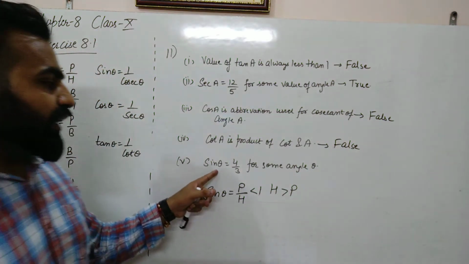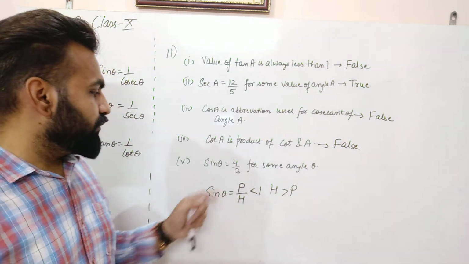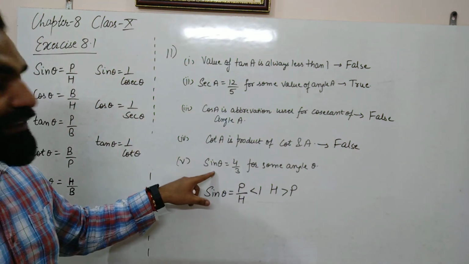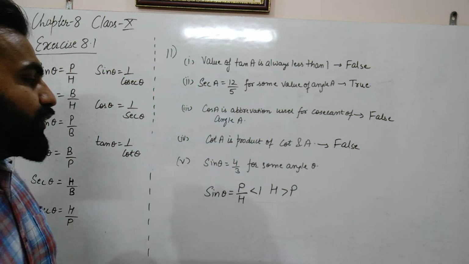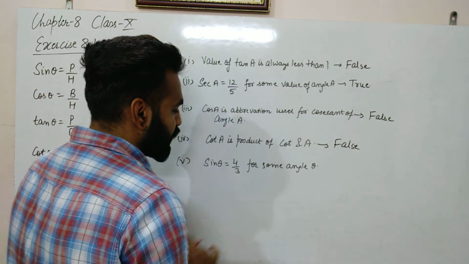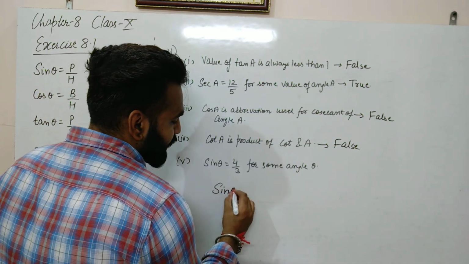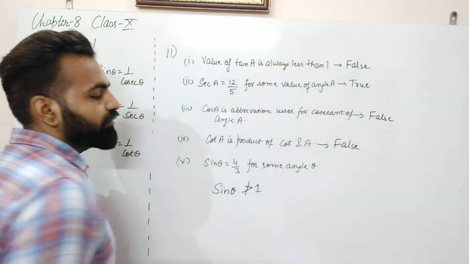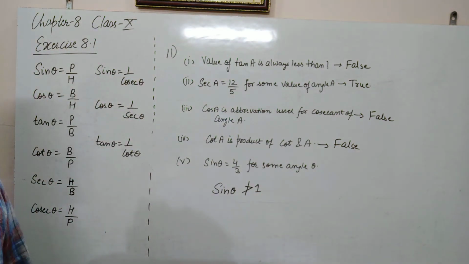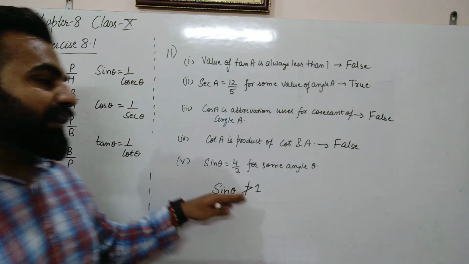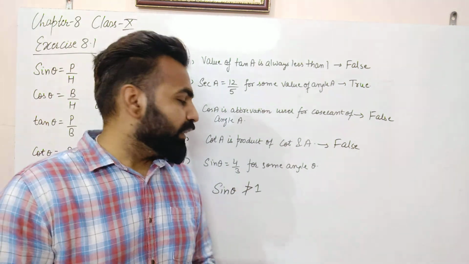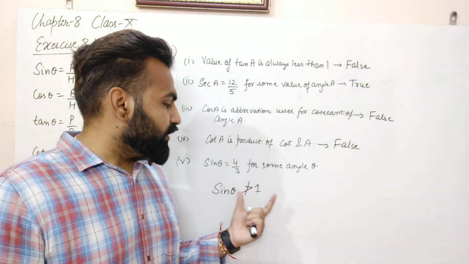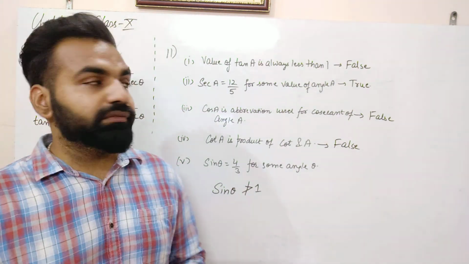So the value cannot be greater than 1, so we can say that sin theta will not be equal to 4 by 3. So from here we can write sin theta is never greater than 1. The value of sin theta always lies between -1 and 1. The maximum value sin theta can have is 1, minimum is -1, so it cannot have value greater than 1.